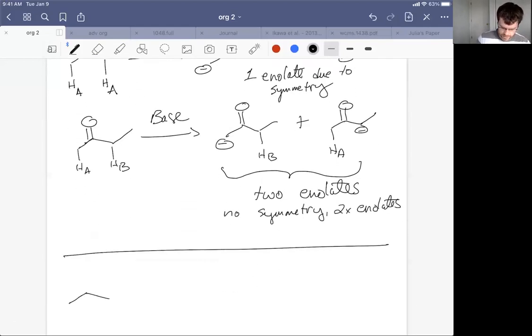There's a few little tricks in here where if you've got a benzene ring on one side, all of a sudden you've got an alpha carbon with 0 alpha hydrogen atoms.